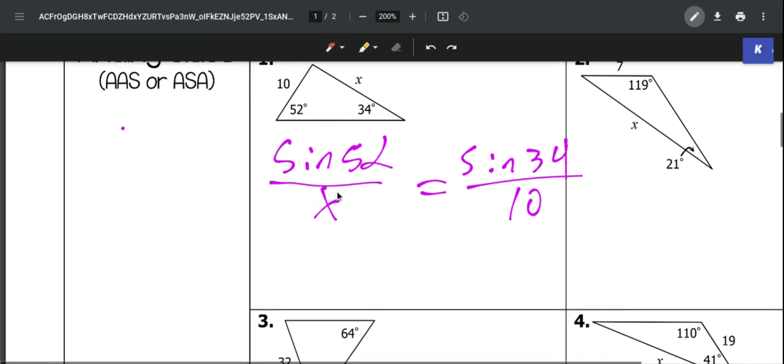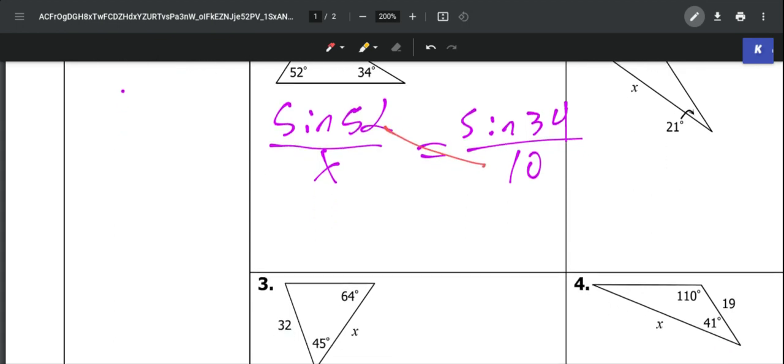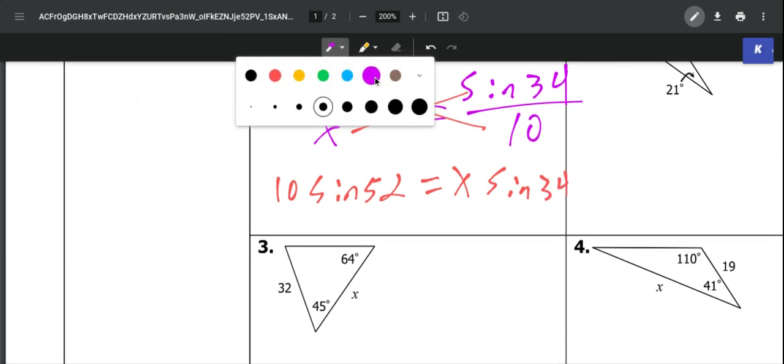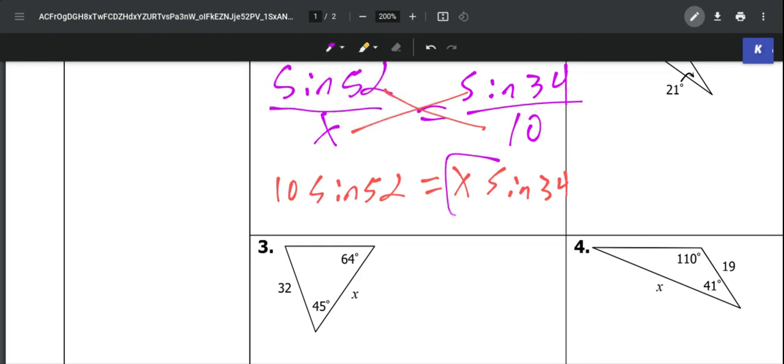Now, when you have two fractions, proportions, or ratios on each side of an equal sign, remember we discussed that you can just cross multiply. So here we would have 10 times sine of 52 equal to x times sine of 34. We're looking for x. On the right side we have x times sine of 34.